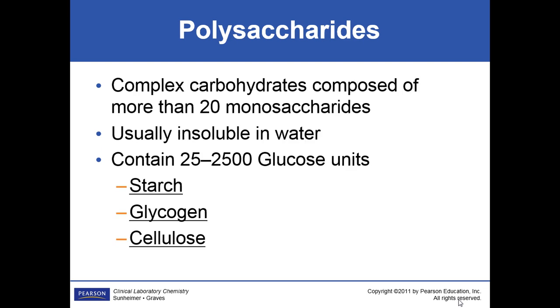Then you can go more than 2. Any more than 2 is considered a polysaccharide. And they can get really big, up to 2,500 units, monos put together. So they're huge. Starch, glycogen, cellulose.